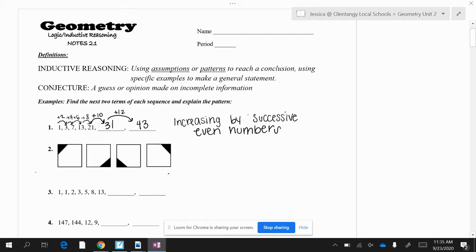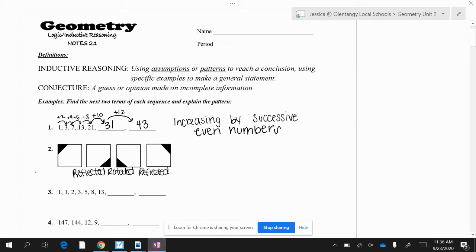Number 2, it looks like this one's kind of tricky. At first I was thinking about corners, and it's not quite that. So this one we can see that these two are being reflected, and then this one is being rotated. And then reflected.